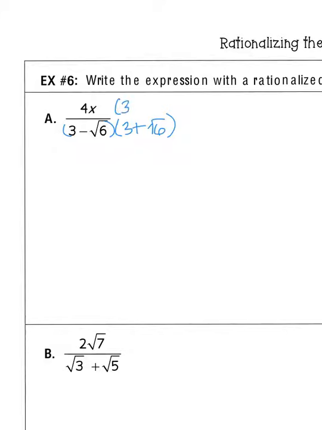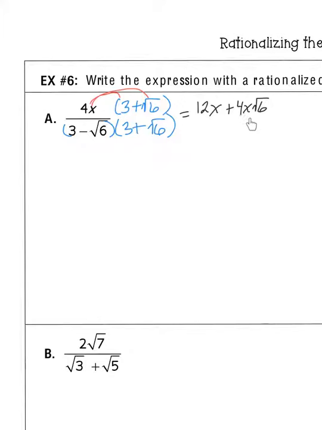So I have to multiply the top by 3 plus the square root of 6. So then let's distribute. So in the numerator, I get 4x times 3, which is 12x. And then 4x times radical 6, I get positive 4x radical 6.